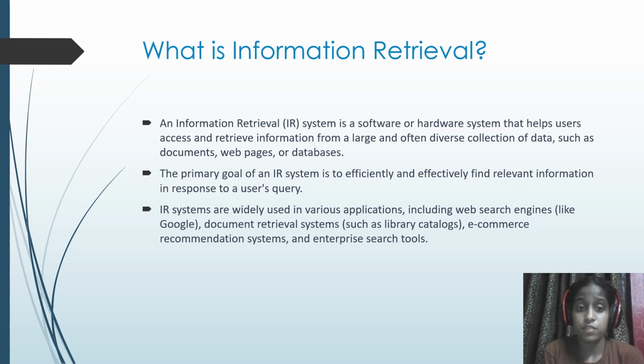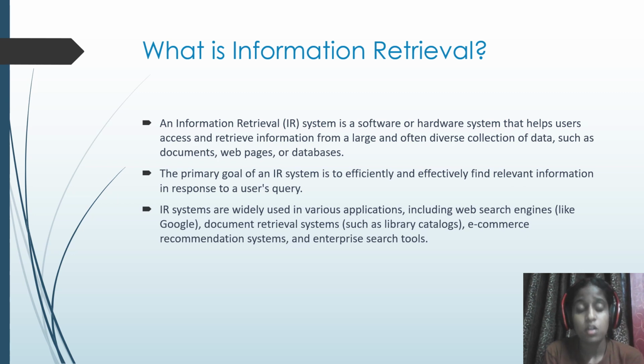Let's talk about information retrieval. An information retrieval system is a software or hardware system that helps users retrieve information or gain access to information from a large amount of data, such as documents, web pages, or other databases.